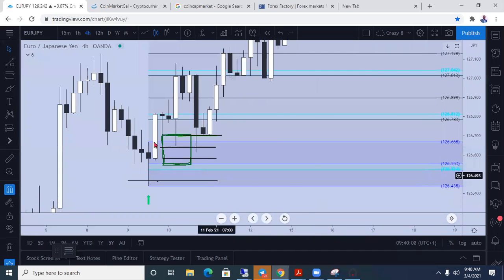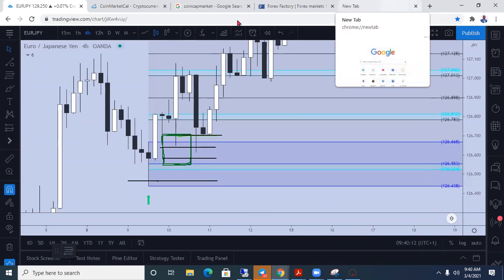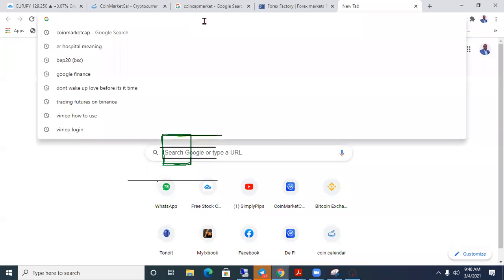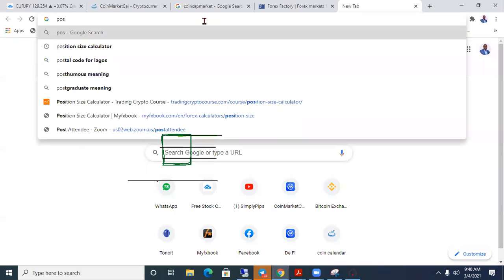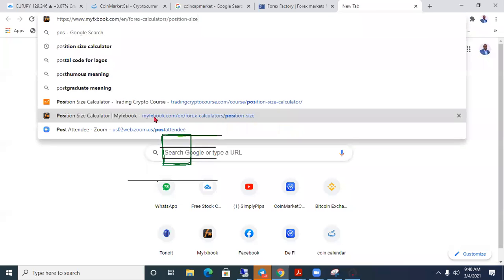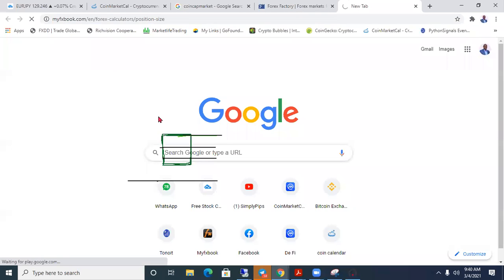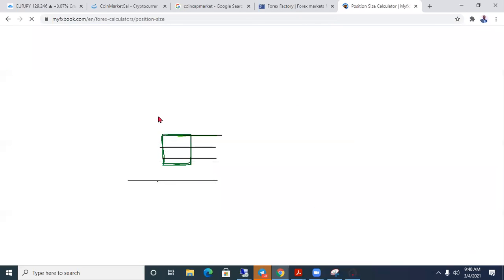Then what you do is this. You come here, you go to position size calculator. You go to my FX book position size calculator.